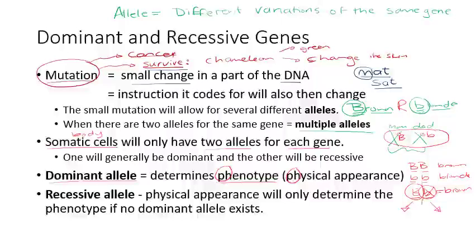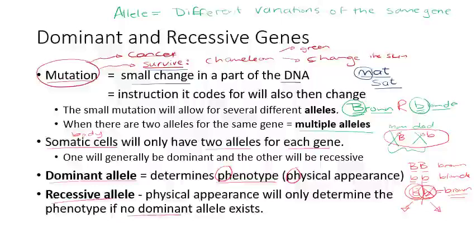But in this case, the big B, which is your brown allele, has now masked your little b, which is your blonde. And as a result, you as an individual present, which is your phenotype, as having brown hair.